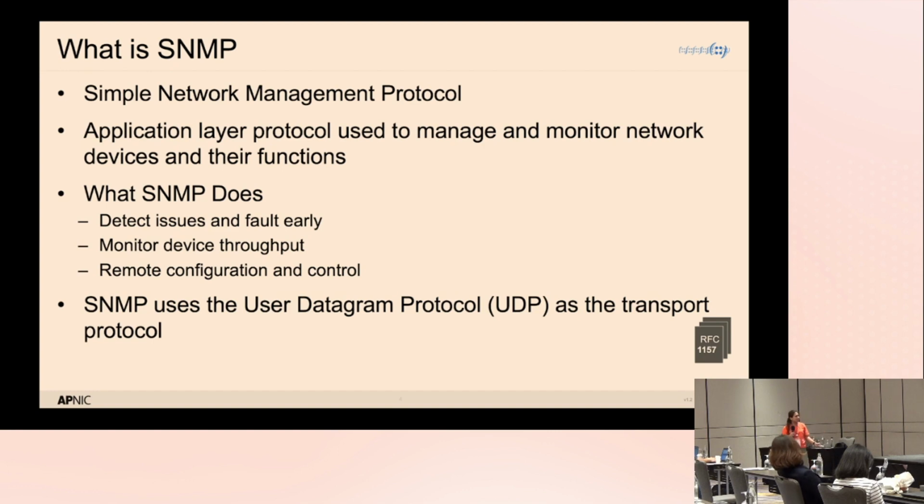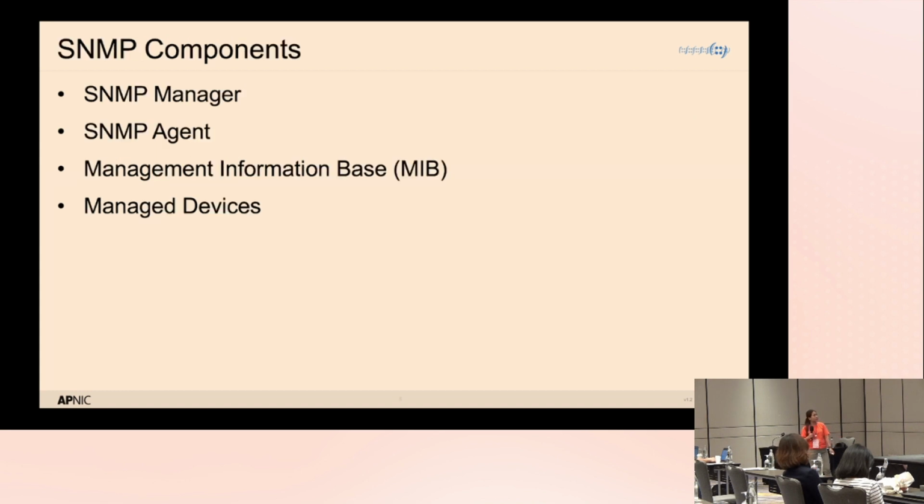So what it does is to detect issues and any faults early, monitor your device, and if you can, use the system to remotely configure and control, because you can set values, you can modify values, you can bring a network up or down, etc. It's a simple protocol using UDP port 161. So these are the components. You have a manager, an agent, an MIB, and obviously you need the device that the agent is usually installed on. All right? So anybody here not familiar with SNMP?